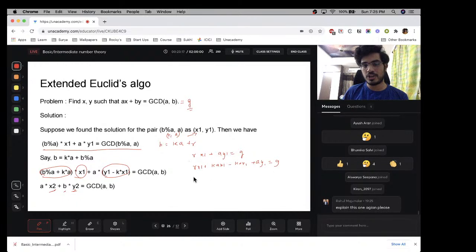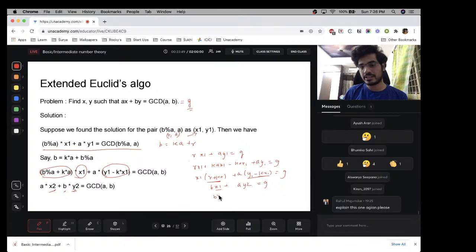Then we take x1 common of this, x1 into R plus Ka, plus, we take A common from this, A into y1 minus kx1 equals G. So this is equal to B. This is B into x1 plus A into, let's call this term y2, equals G. Let's call x1 equal to x2.